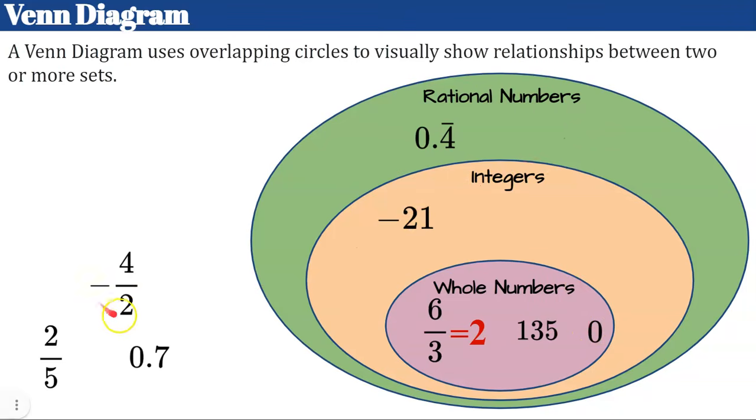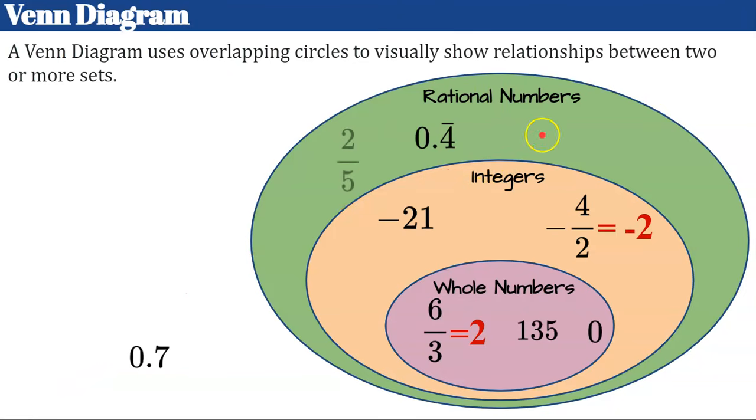Then I have -4 divided by 2, which simplifies to -2. Now that I have it simplified, I can make it an integer, and -2 is also a rational number. 2 divided by 5 is a rational number. It cannot be simplified to an integer or a whole number.